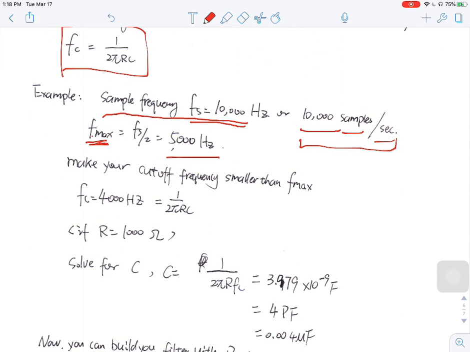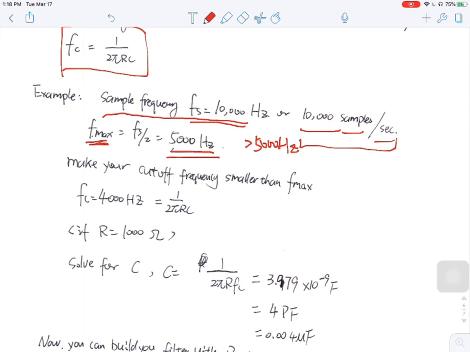Now we know the maximum frequency, and therefore if you want to do the filtering, you want to filter out all the frequencies that are greater than 5,000 hertz.